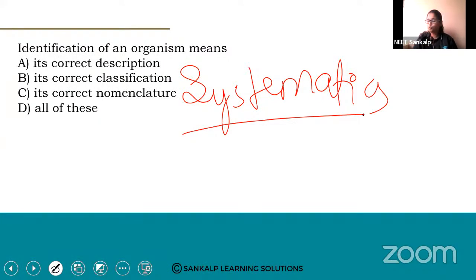Identification of an organism means. Yes, my dear YouTube students, what is your response? YouTube students, I'm waiting for your answers. Yeah, I got the answers from Pavan. Hemant and Pavan answered option D. Good going, guys.